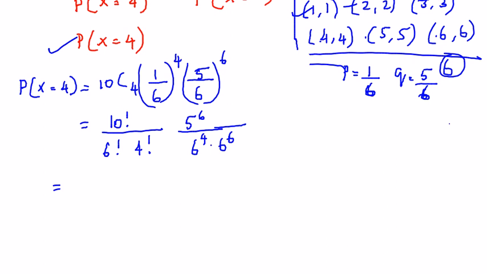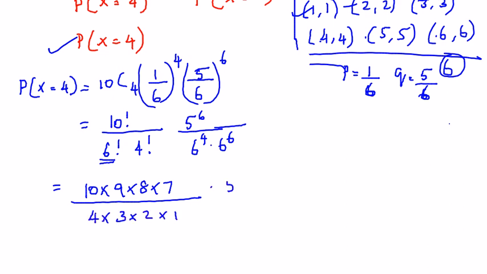So it is going to be 10 into 9 into 8 into 7. I'm not expanding further because I am cancelling it off with the 6 factorial. So it will be 4 into 3 into 2 into 1, into 5^6 by 6^4 into 6^6.